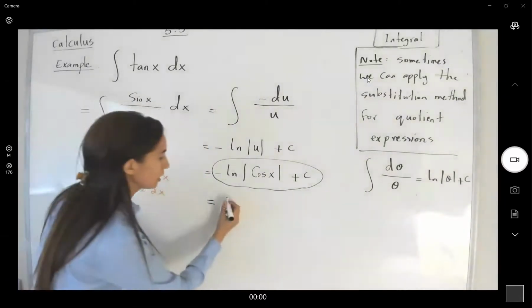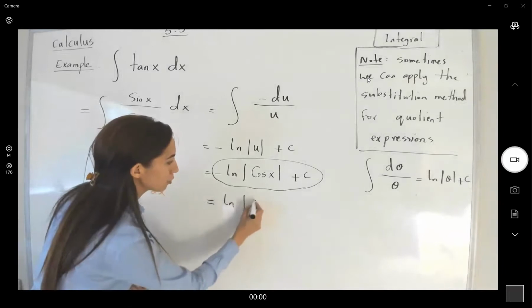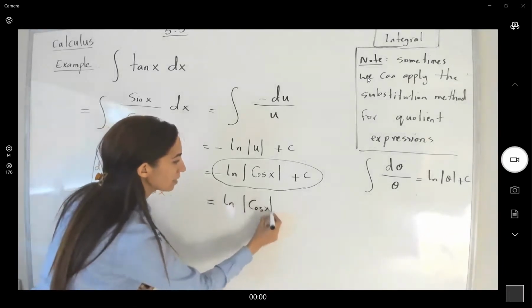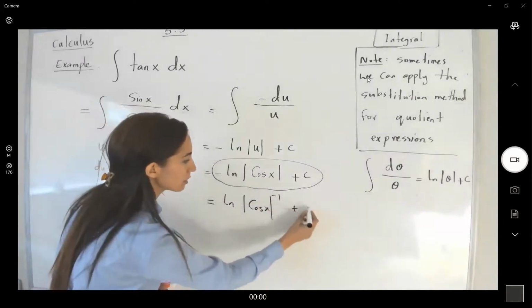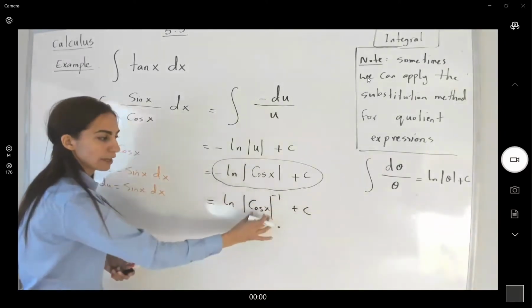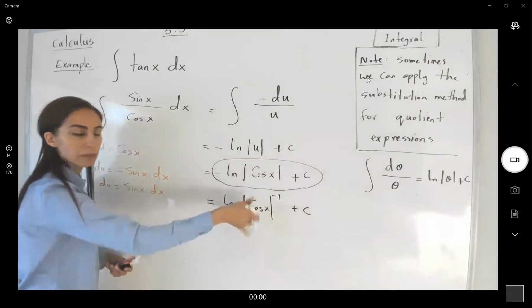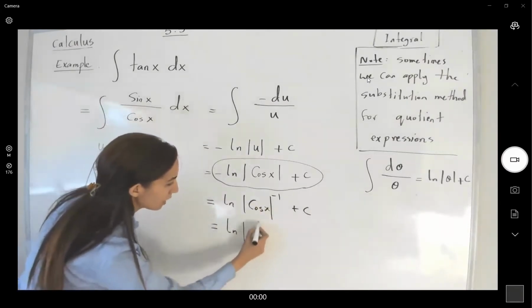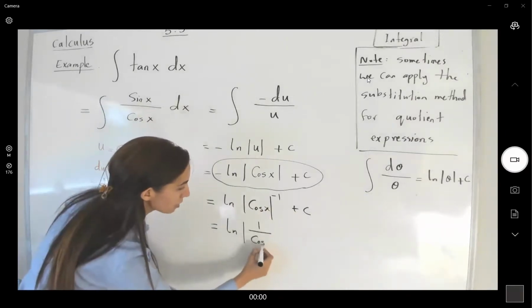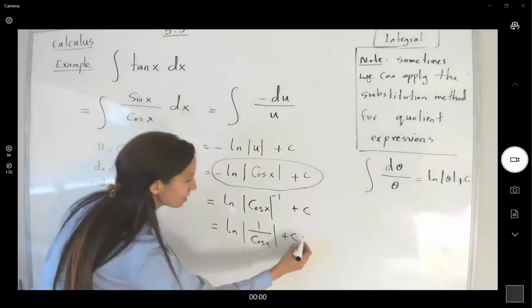Here you have ln of absolute value of cosine x raised to negative 1 plus c. When you have a negative exponent, it means that we can flip this and write it on the denominator. It is ln of absolute value of 1 over cosine of x plus c.